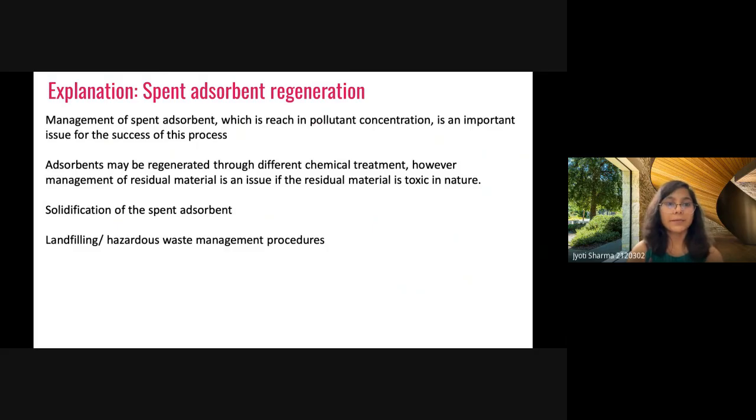So just see here, management of spent adsorbent which is rich in pollutant concentration is an important issue for the success of this process. Obviously we can regenerate our adsorbent using different chemical treatments.